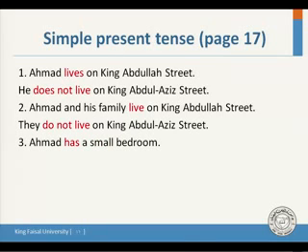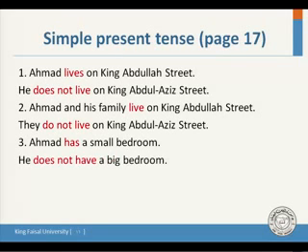Another example, sentence 3. Ahmad has a small bedroom. How do we negate this? Okay. He does not have a big bedroom. He has a small bedroom.